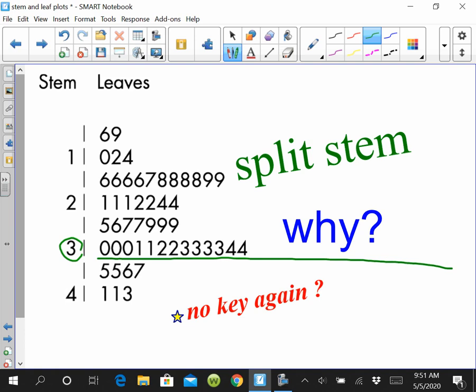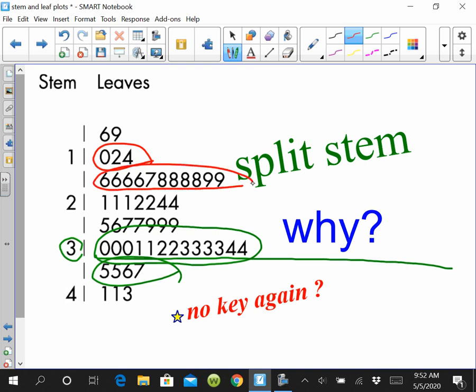It looks like this person split it so values from 0 through 4 would be on one part of the stem and 5 through 9 would be on the other part of the stem. You can kind of see it here too. 0, 1, 2, 3, 4 are on one part of the stem, and then 5, 6, 7, 8, 9 are on another part of the stem.